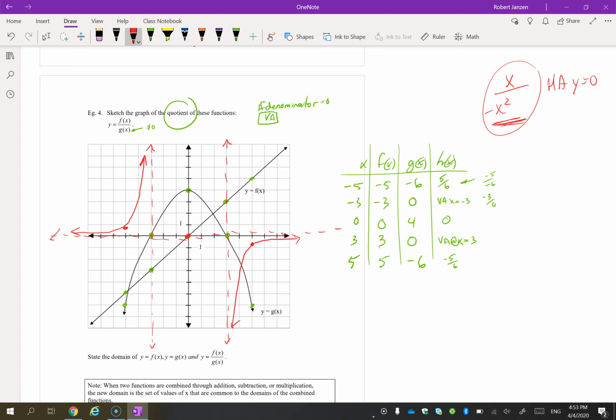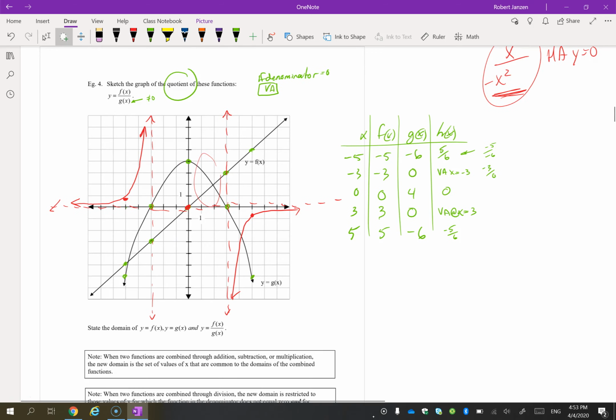But what's going on in between here? In between the two asymptotes? Well, here you have one positive, one negative value. Here you have both positive values. So thinking about that, it's not going to be a parabolic shape. So let's pick a couple more values. Let's take negative 2 and 2.